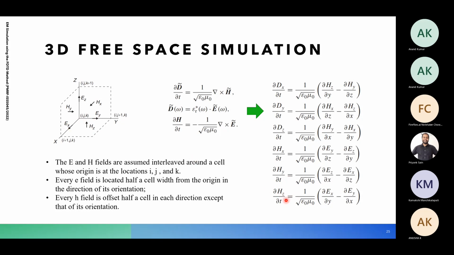And for the electric field, if you take a face over here, then Ez is being updated by Hx and Hy. You can see over here this Dz, which will be used to calculate the Ez, will be updated by using Hy and Hx. So this is how you can see from the Yee cell which field values will be used to update which field values.